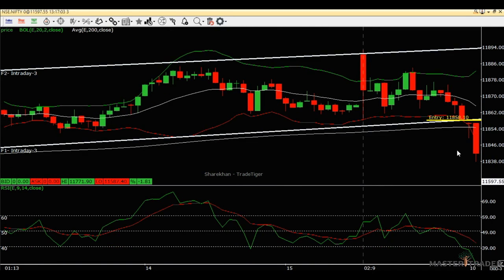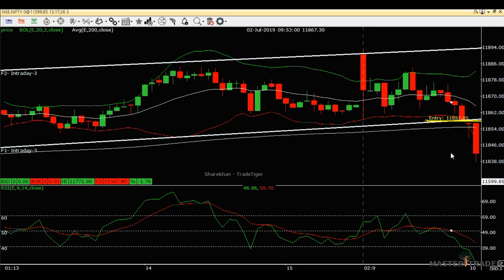Okay, so we enter below this candle low, right? Now guys, if you miss this candle low, okay, you can take it below this candle low as well, right? You will be missing out on a few points, but you can also take it below this candle low.